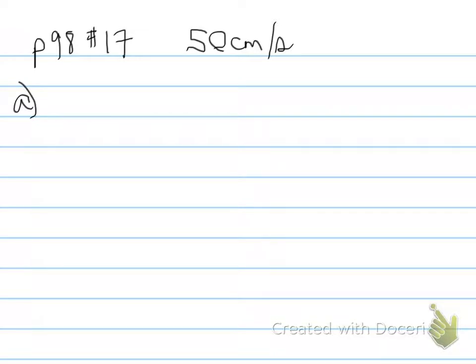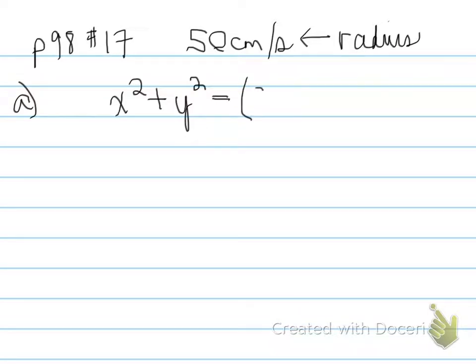So if you imagine that the anchor is dropped at the origin, then our circle will have x squared plus y squared equals r squared. So we need to know how big the radius of the circle is. The radius is growing at 50 centimeters per second, so the radius is 50 times 10, because it takes 10 seconds, and all squared.